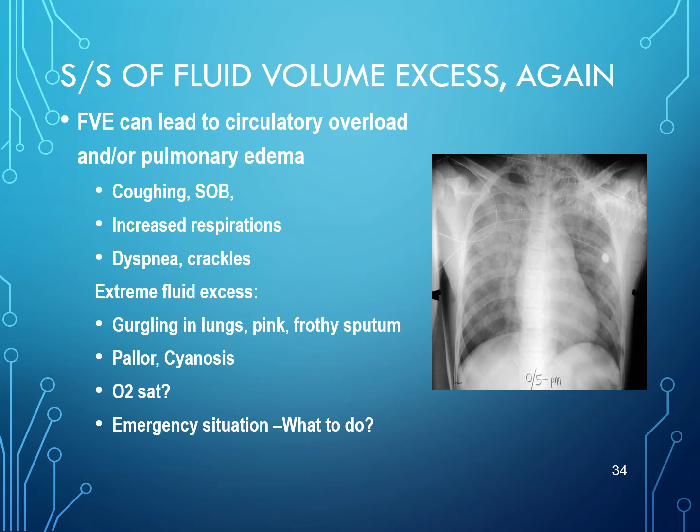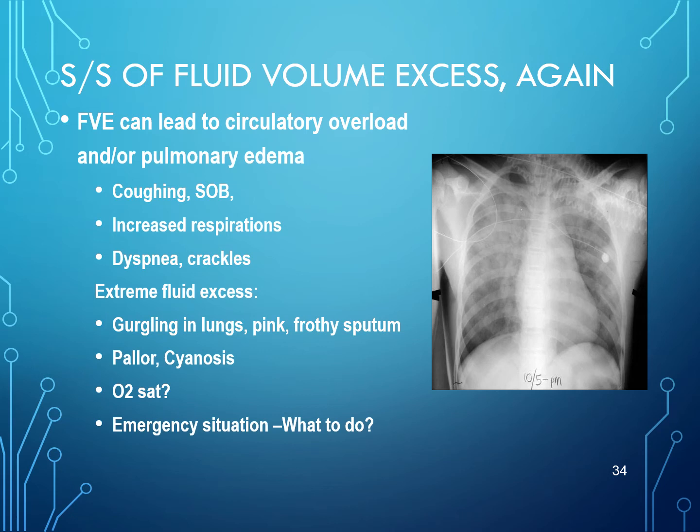So we're going to see some of these signs and symptoms: coughing and shortness of breath, increased respirations, dyspnea, crackles. Why are we seeing these things? Why are we specifically seeing coughing, shortness of breath, increased respirations? Well, blood and fluid are going to back up into the lungs when the left ventricle cannot handle the volume overload anymore.